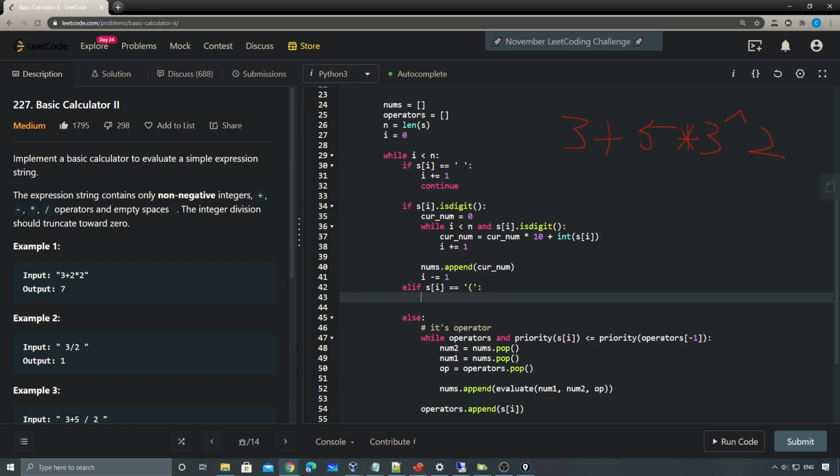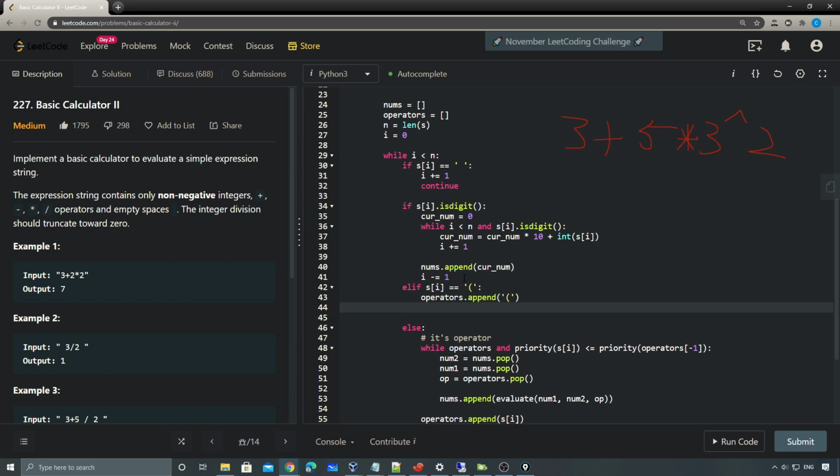The way we're doing it is we just need to add this left parenthesis to the operators stack so that later on we can keep popping the operators until we have seen the left parenthesis, and that's when we should stop the while loop. So we just append the left parenthesis to the operators. That's all we need to do when we see a left parenthesis, and more work needs to be done when we see an ending parenthesis, right?